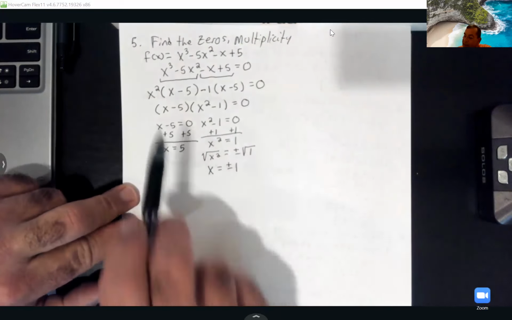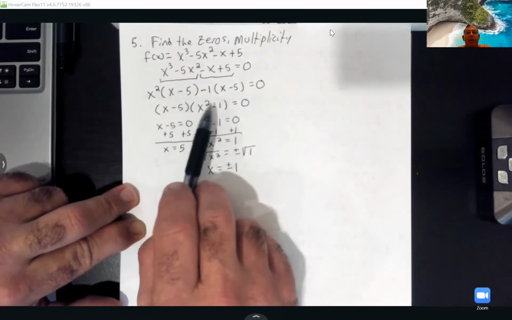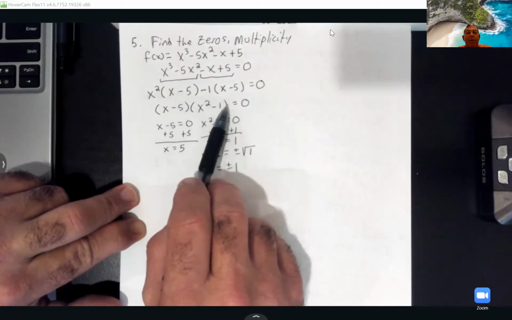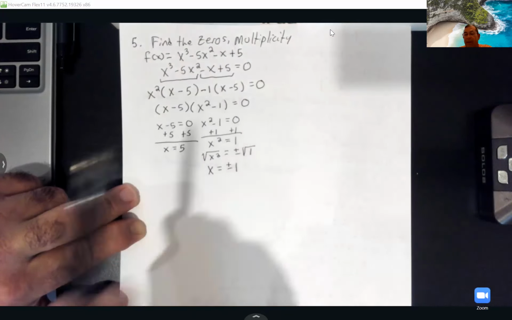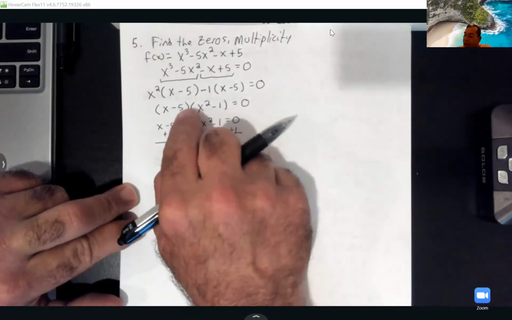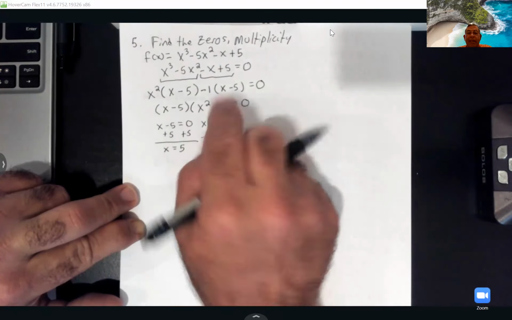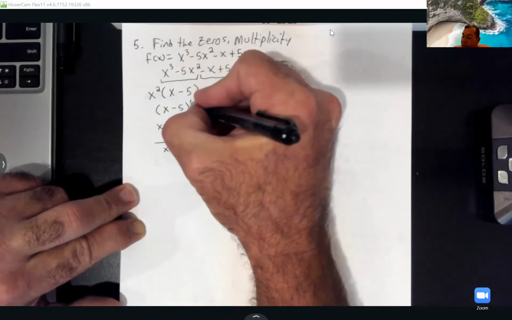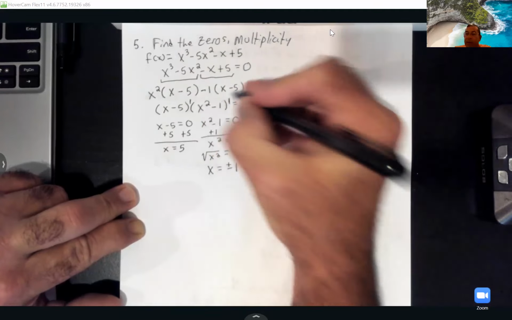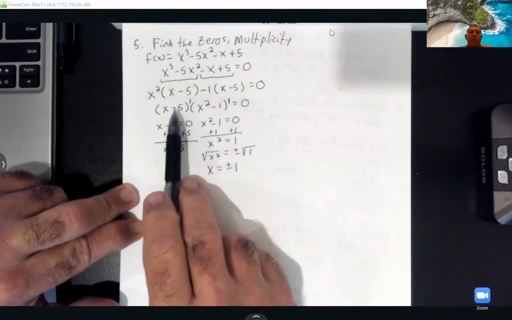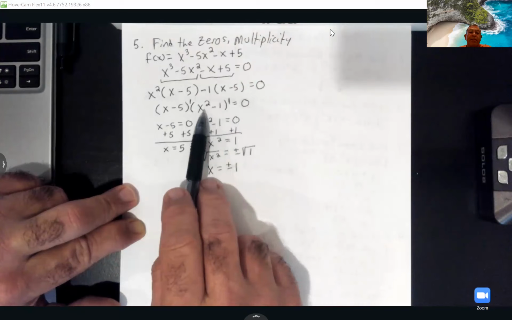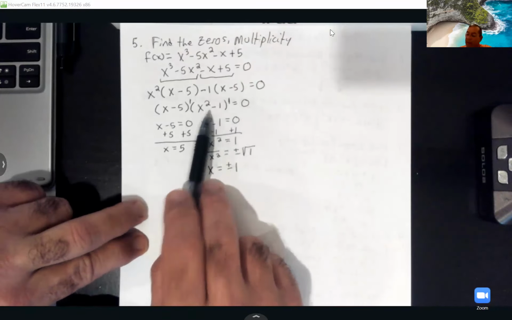Now the multiplicities are going to be determined by what exponents are following these parentheses. So y'all remember, if there's no exponent shown behind these parentheses, we treat it like a 1. Okay, so I got one of these factors and I got one of these x squared minus 1 factors.